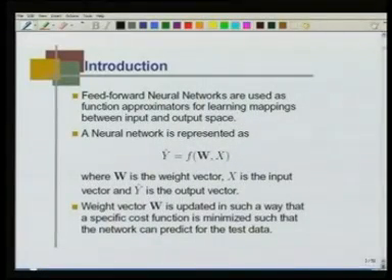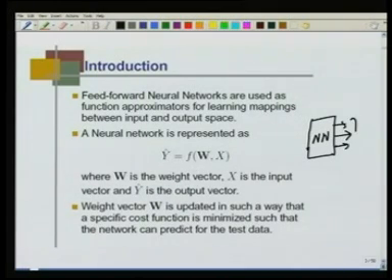learnt. So, introduction. Feed-forward neural networks are used as function approximators for learning mappings between input and output space, right. A neural network is represented as y equal to f(w, x), that is, if I have a neural network here, this is some neural network, then my output vector is y and input vector is x.